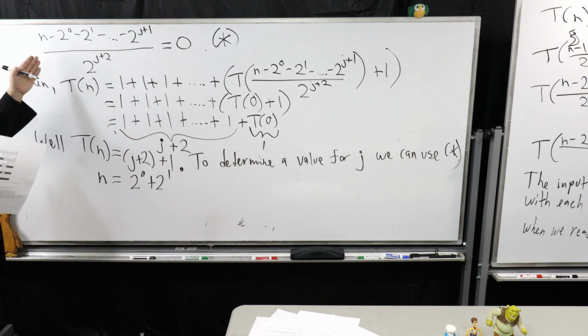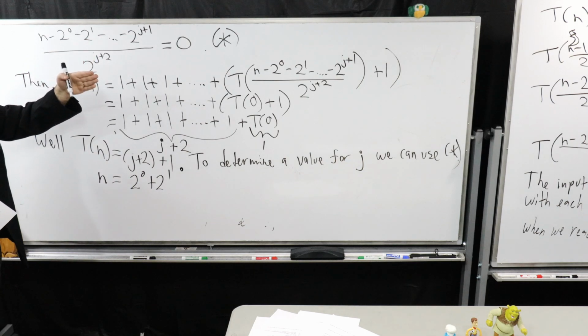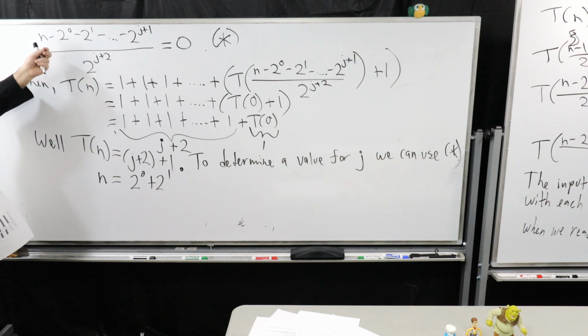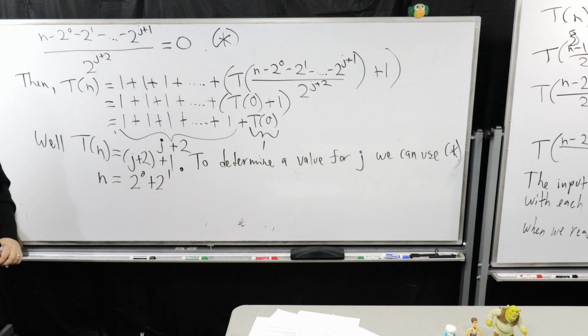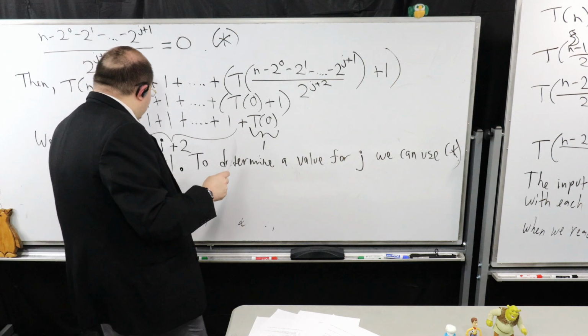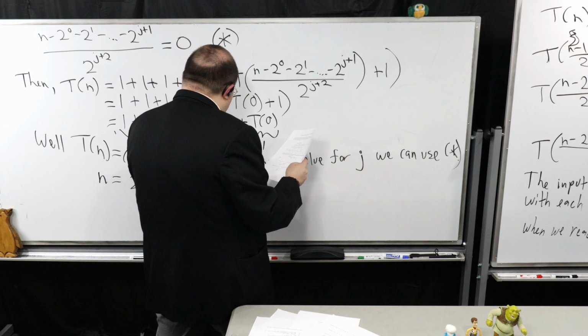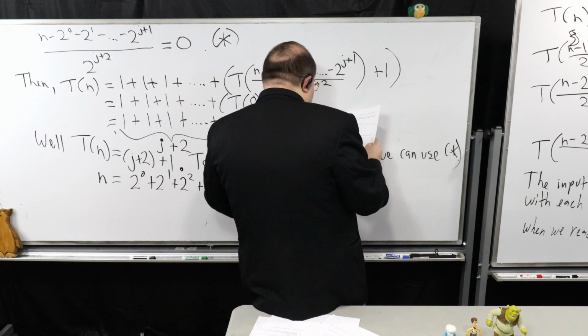Once I do this, I'm going to move all of these 2 to the powers to the right-hand side. Somebody's seeing where I'm going with this. All of these go to the right-hand side: 2 to the power 1, 2 squared, all the way up to 2 to the power of j plus 1. And this is a sum.